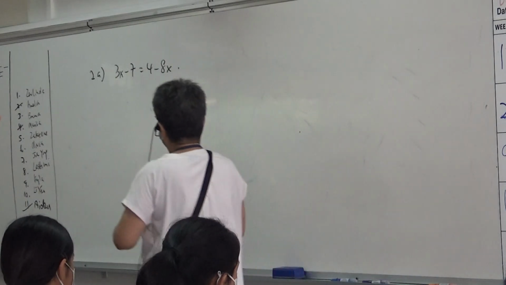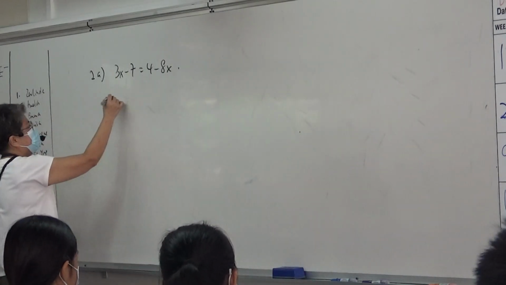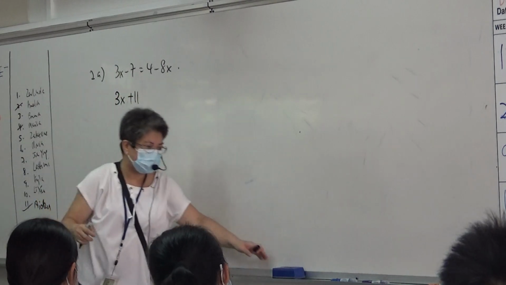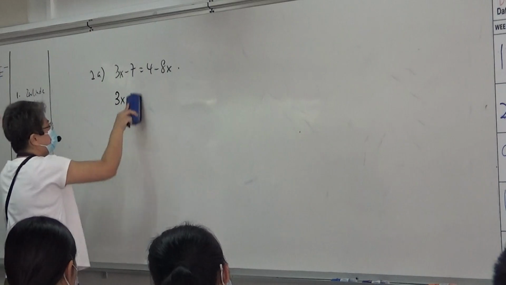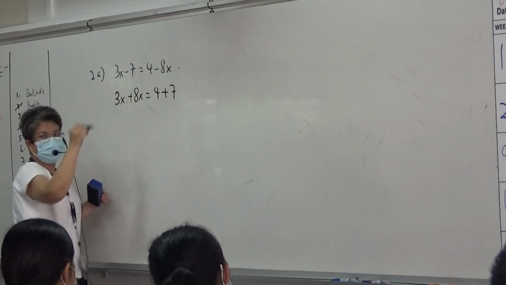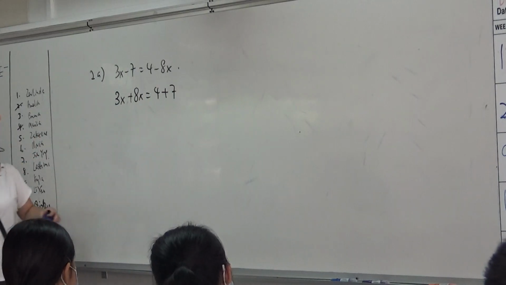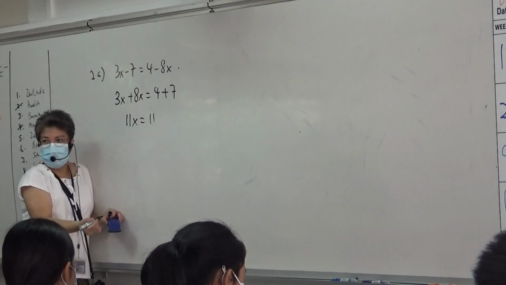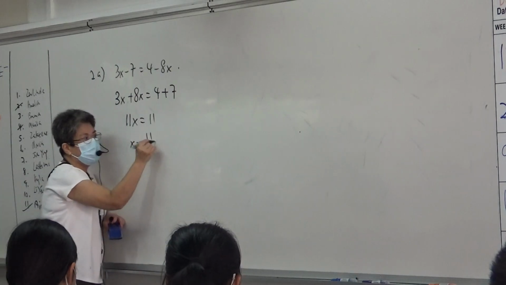Correct? Numbers together, letters together. So this will be 3x plus what? Yes, plus 8x equals to 4 plus 7. Correct? What is this? 11x equals to 11. So x is actually 11 over 11.